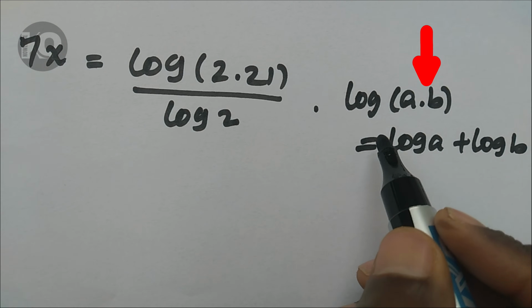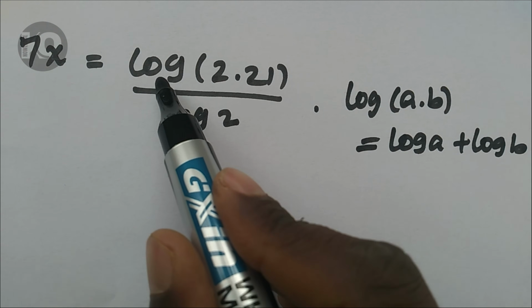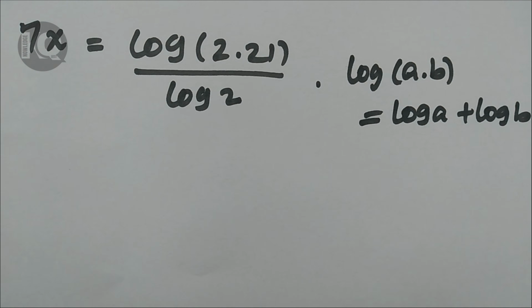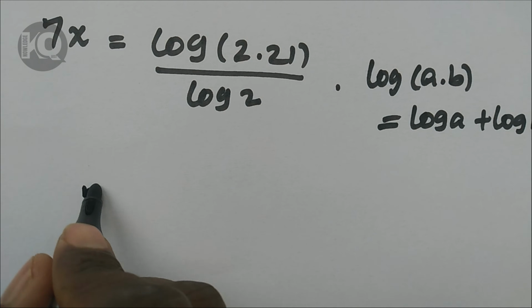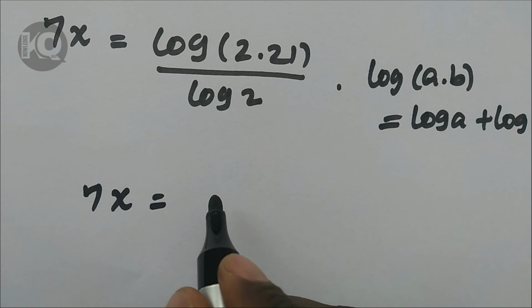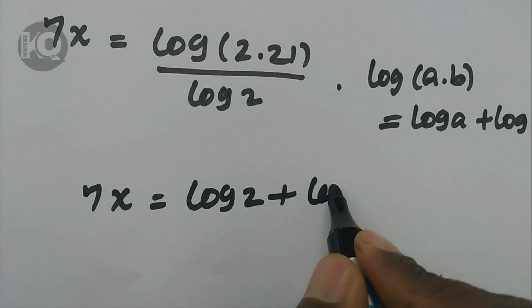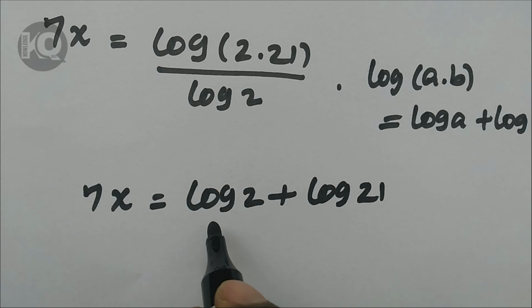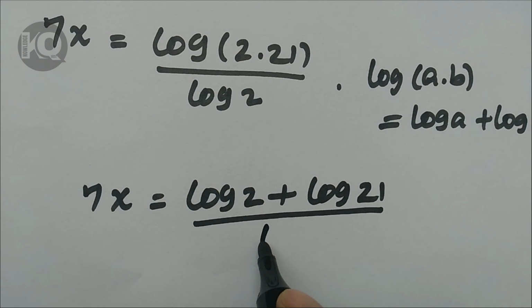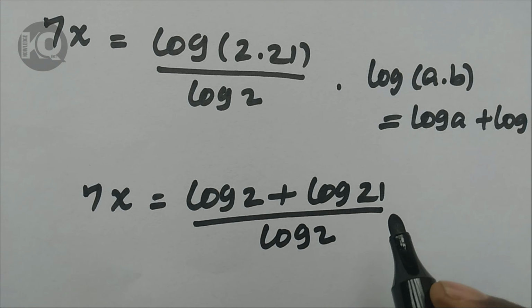So let's apply this rule in the numerator. So it will be 7x, which is equal to log of 2 plus log of 21 divided by log of 2.